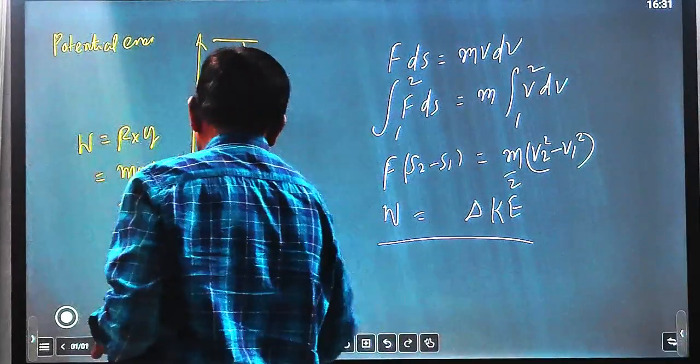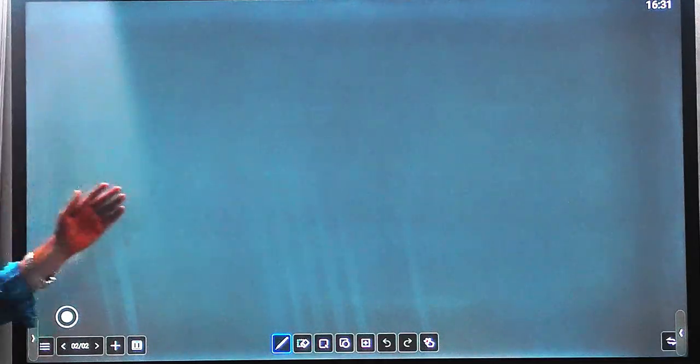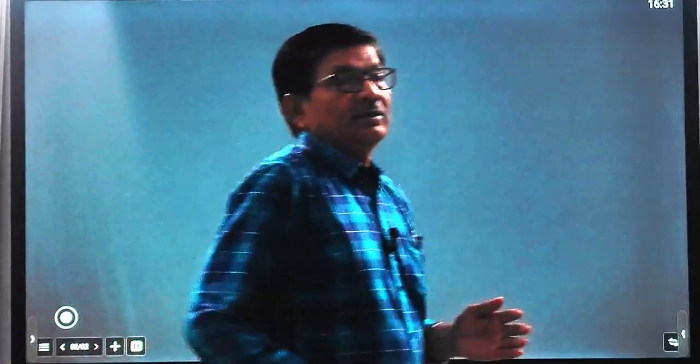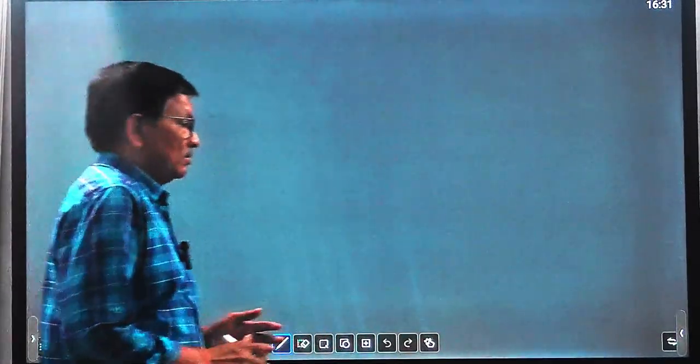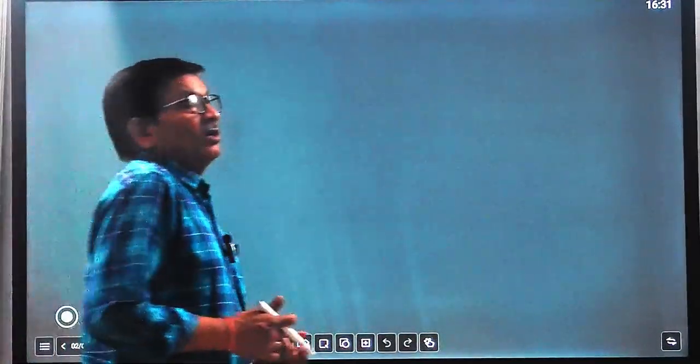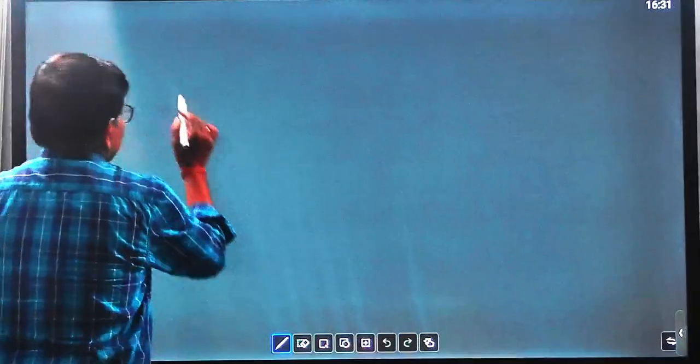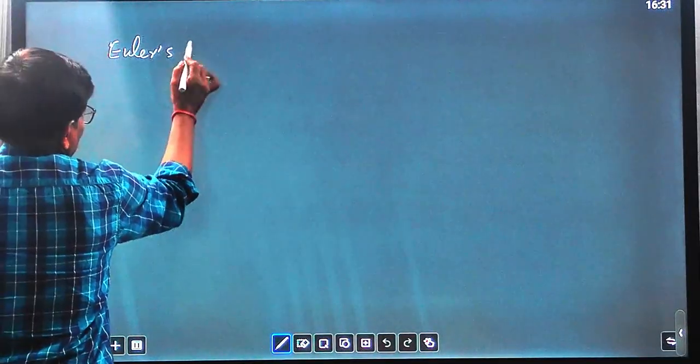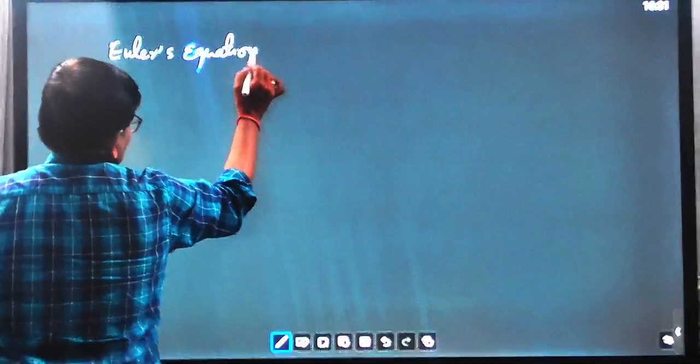So let us now start. This is the concept of energies that are involved in today's discussion. That is Euler's equation. So let us define Euler's equation, derivation of Euler's equation.